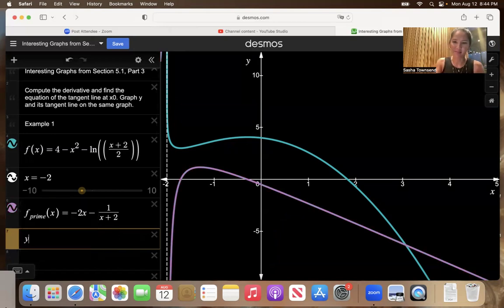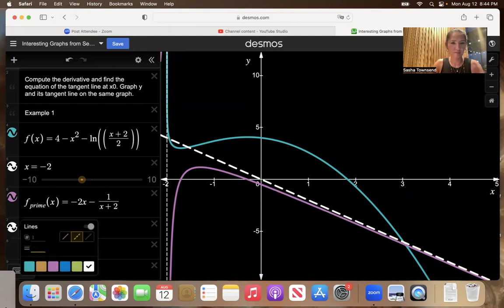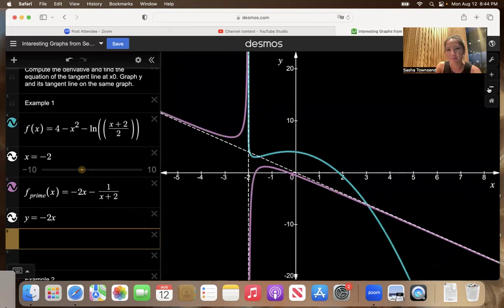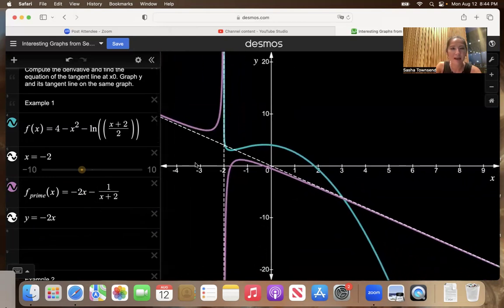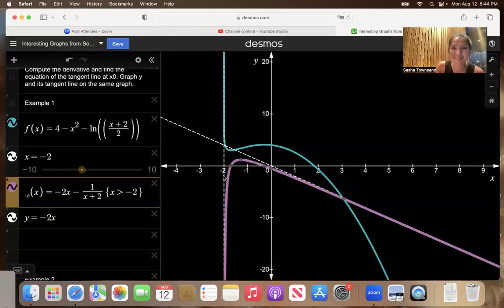That one has a slant asymptote, y equals -2x. So the derivative is always a little bit less than that. And we're actually only interested in the x values on the domain. So we only want this for x greater than -2.